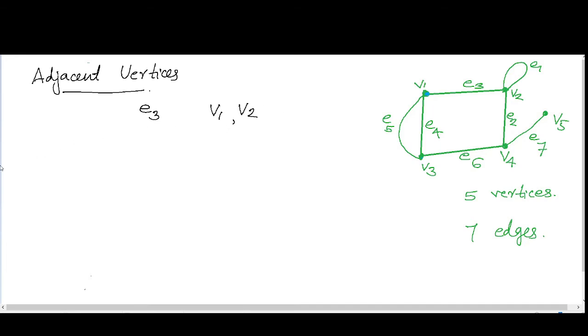Now a graph is also called a linear complex or a one complex.